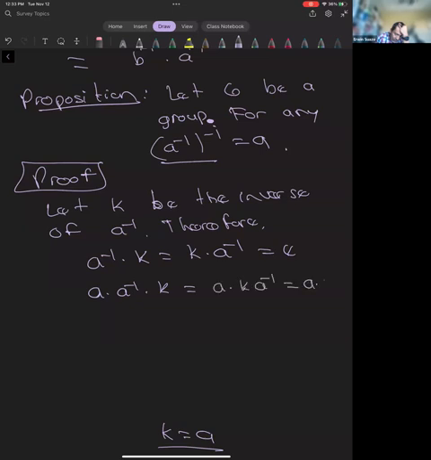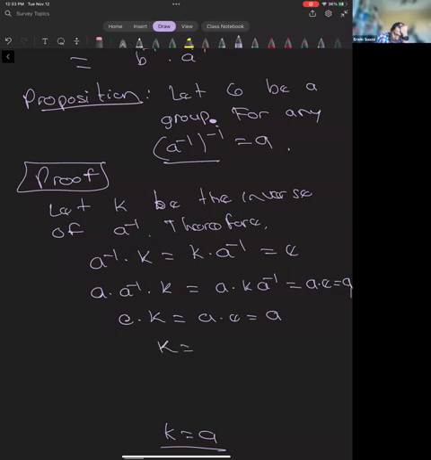But then I've got A times E equals A. And then this is E, K, and then there will be A times E equals A. So this is K and this is A. So conclusion, I don't need this middle guy.